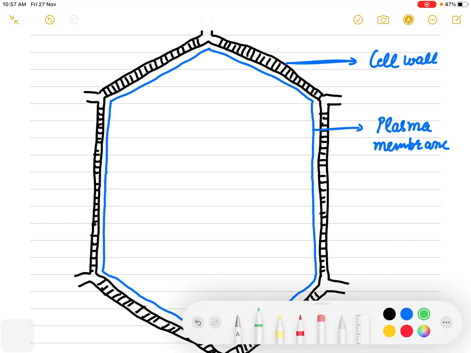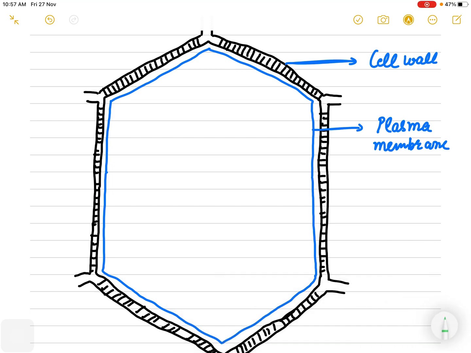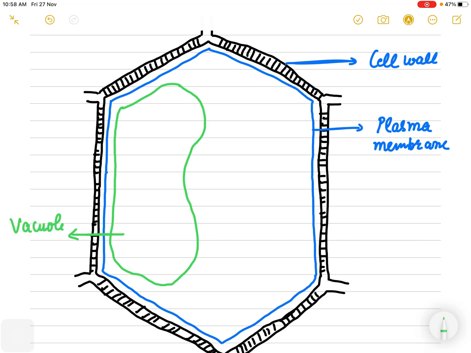Now another very beautiful thing which is present, which actually occupies the major space of the plant cell. What occupies the major space in a plant cell? That is the vacuole, right? This is called the vacuole. Many students are often confused about what is present inside this vacuole.